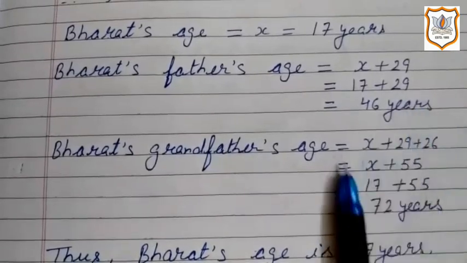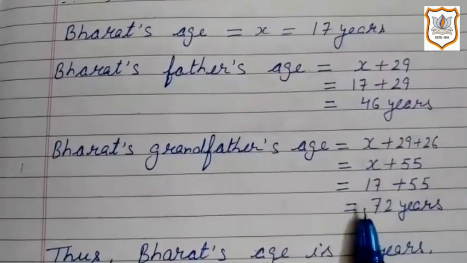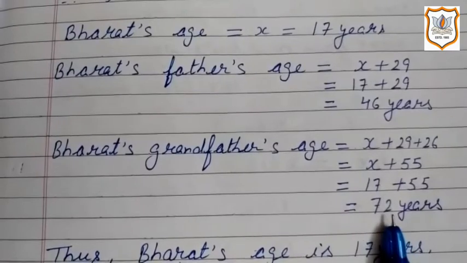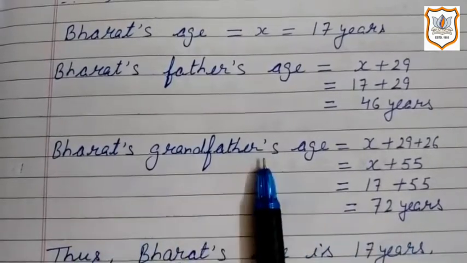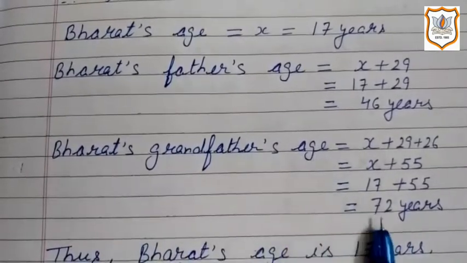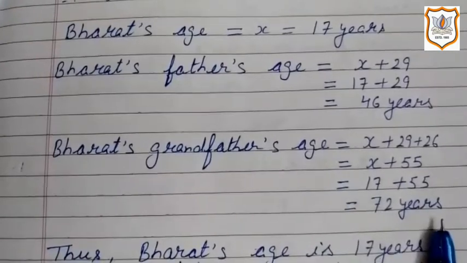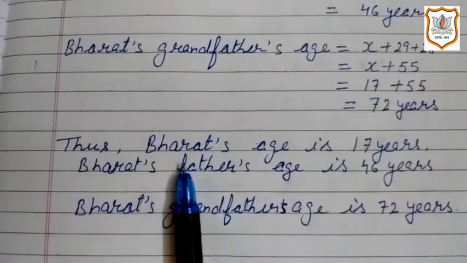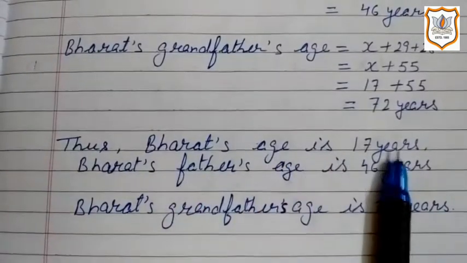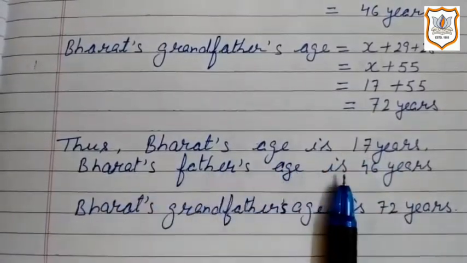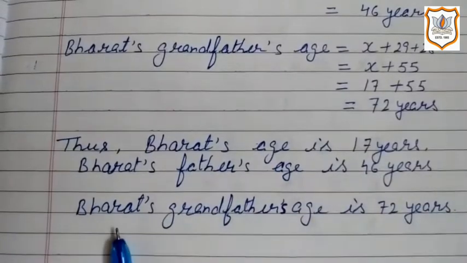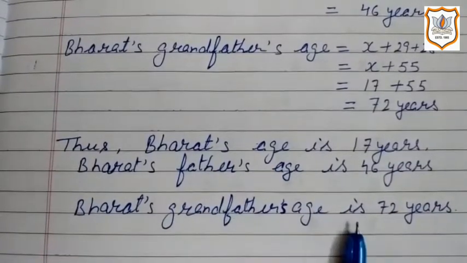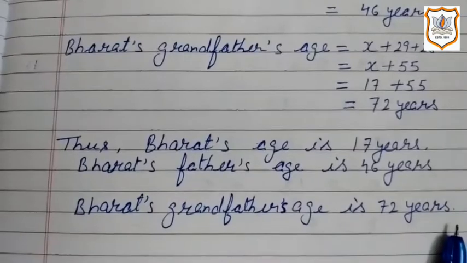When we put the value of X, we find 72. So Bharat's grandfather's age will be 72 years. Thus, Bharat's age is 17 years, Bharat's father's age is 46 years, and Bharat's grandfather's age is 72 years.